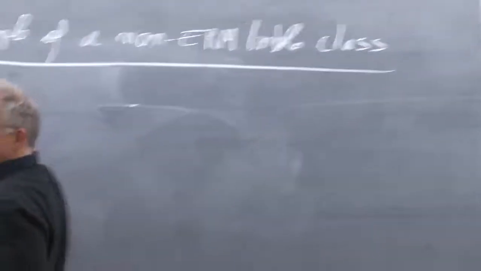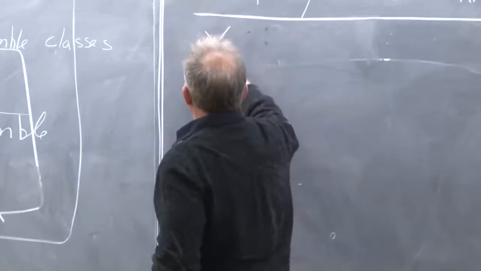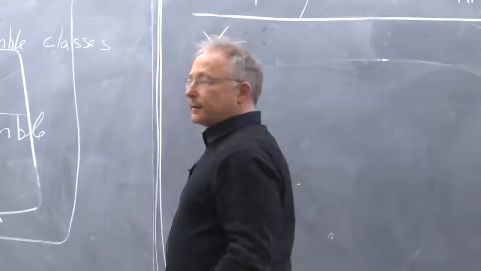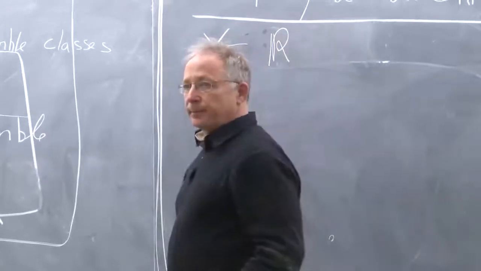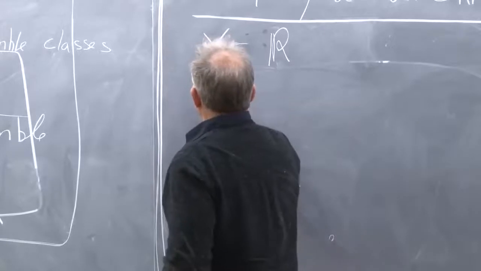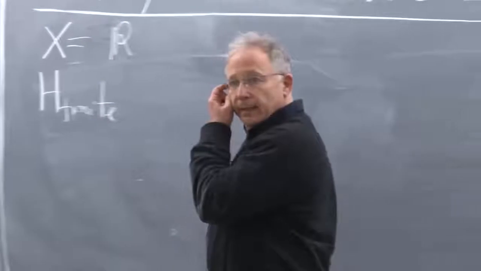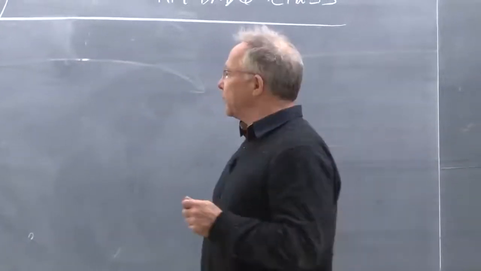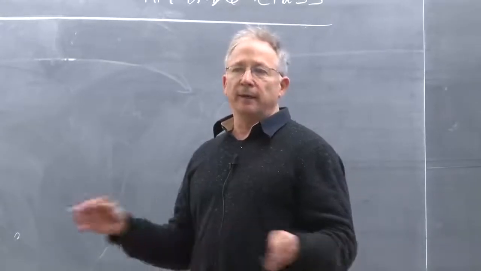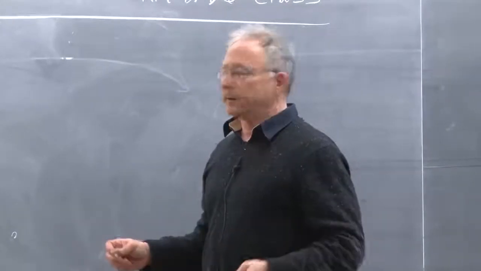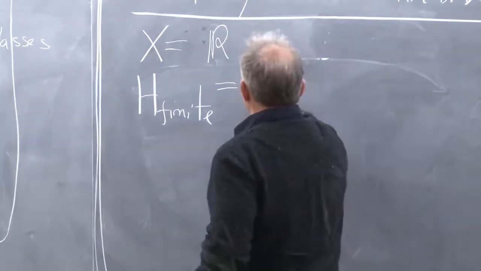Consider the class, let my domain X be the set of all real numbers, and let H finite be the set of all functions that are 1 on a finite subset of the real numbers and 0 everywhere else. So this is the set of all functions.